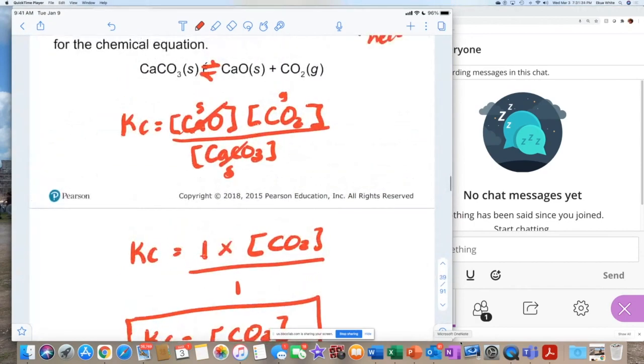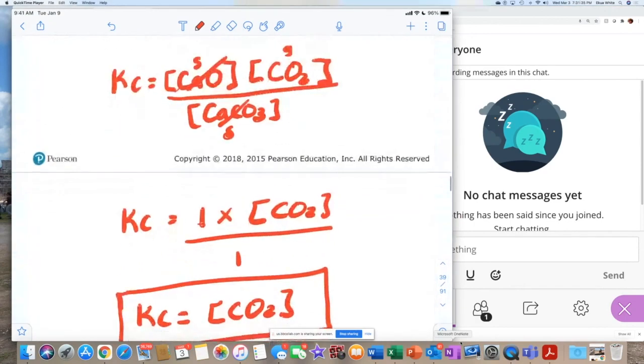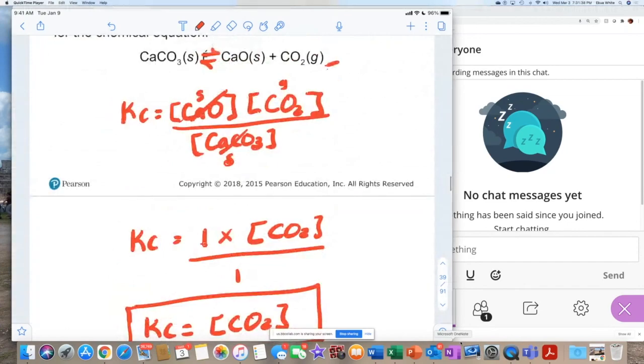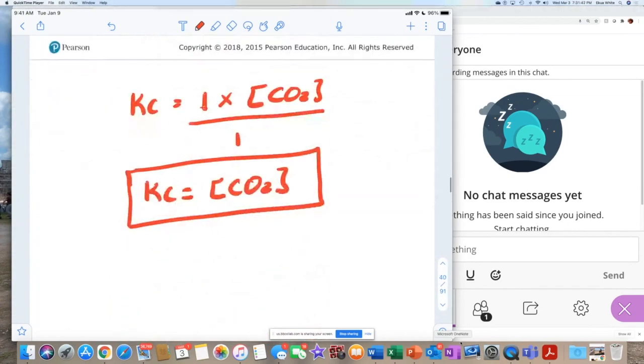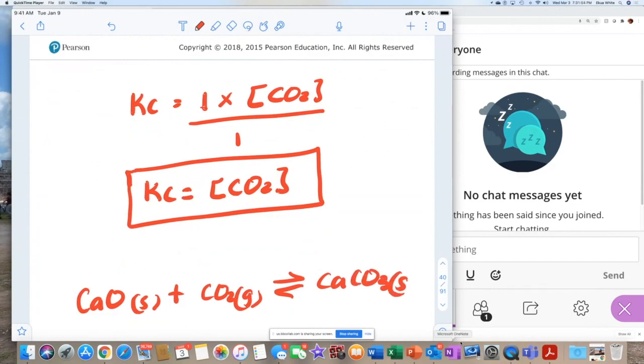I will do the reverse version of this equation. This is a decomposition reaction; the reverse is a synthesis. CaO solid is combining with CO2 gas to give us calcium carbonate solid.